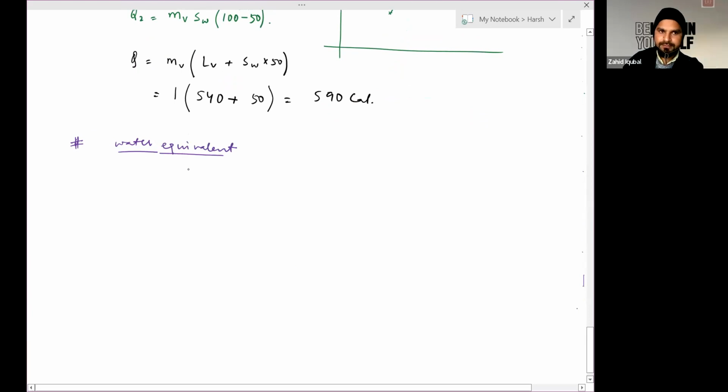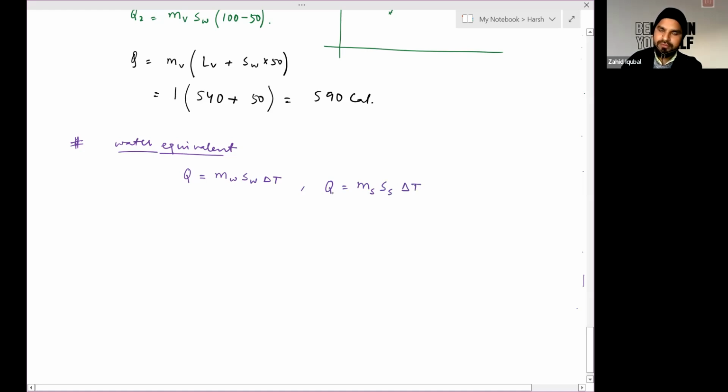Suppose you have heat supplied in the case of water, that is mass of water, specific capacity of water, and change in temperature delta T. Similarly, the same amount of heat is supplied to some other substance: mass of substance, specific capacity of substance, change in temperature.